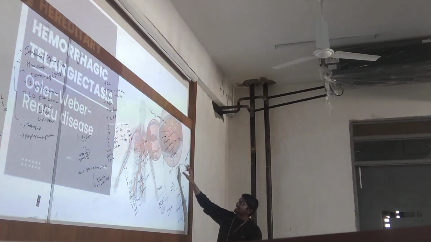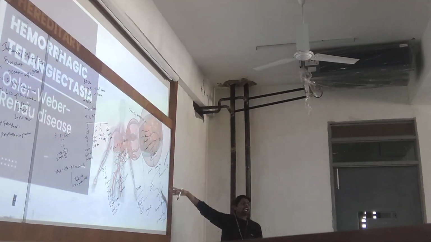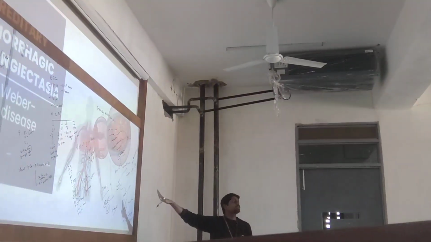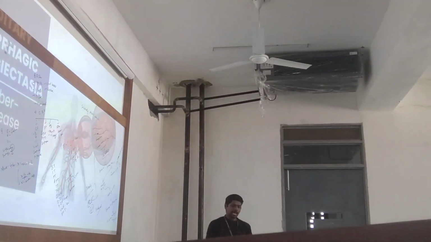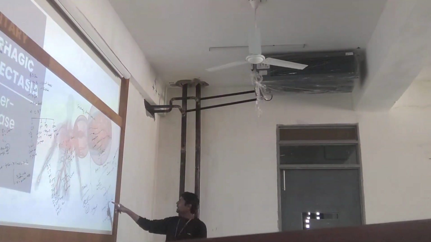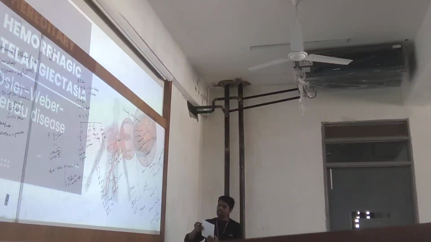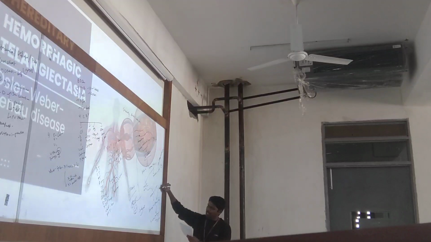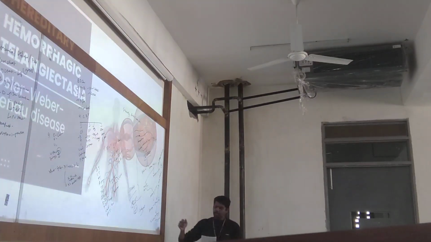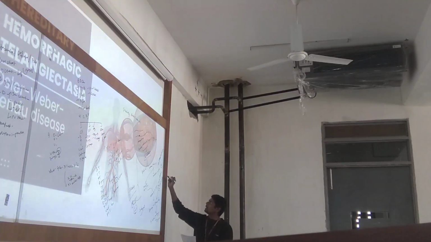Now, how is this inactivated? How is fibrinolysis inactivated in normal conditions? Plasmin will be inactivated by two molecules: alpha 2 antiplasmin and alpha 2 macroglobulin.